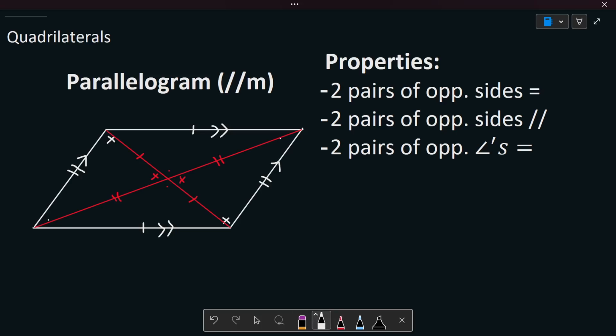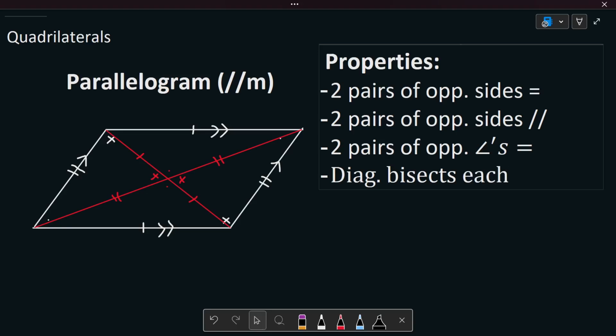Okay, so we can now say over here that the diagonals bisect each other. And that is what we can know about the parallelogram. Let's move on to the next shape.